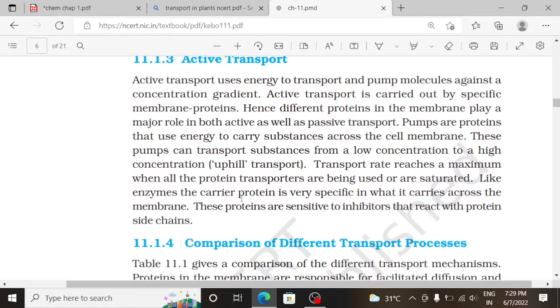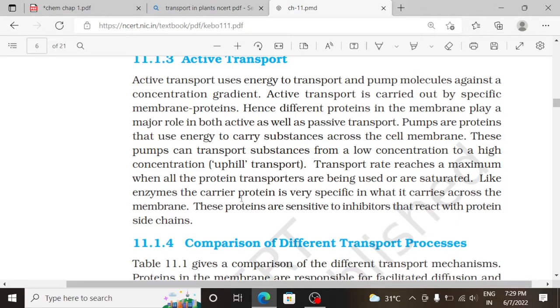Active transport. Active transport uses energy to transport and pump molecules against a concentration gradient. Active transport is carried out by specific membrane proteins. Hence, different proteins in the membrane play a major role in both active as well as passive transport. Pumps are proteins that use energy to carry substances across the cell membrane.